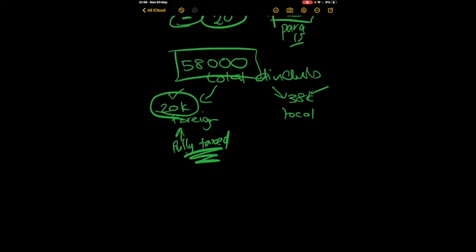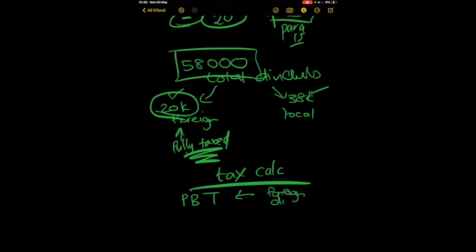So when I think about my tax calc, I'm going to start with my profit before tax. Included in the profit before tax would be the foreign dividend, and that foreign dividend is fully taxed.